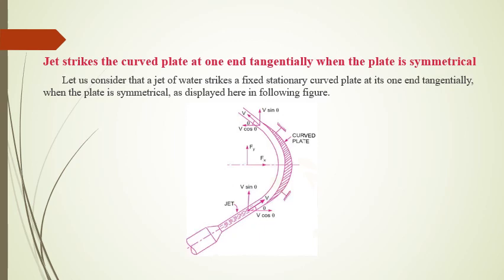Coming to the condition 3. In this condition, jet strikes the curved plate at one end tangentially when the plate is symmetrical. Let us consider that the jet of water strikes the fixed curved plate at one end tangentially when the plate is symmetrical, as shown in the figure.